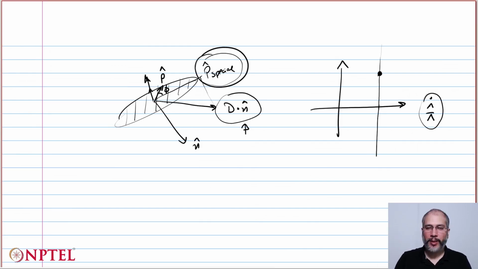But as I rotate my p hat special, this value starts going down to 0, and then it becomes negative as my p hat starts going here. It goes all the way down. So for a given value of lambda dot upon lambda, I have lots of values for minus theta dot upon 2. So each n hat choice in this Mohr circle for strains gives us a whole line.